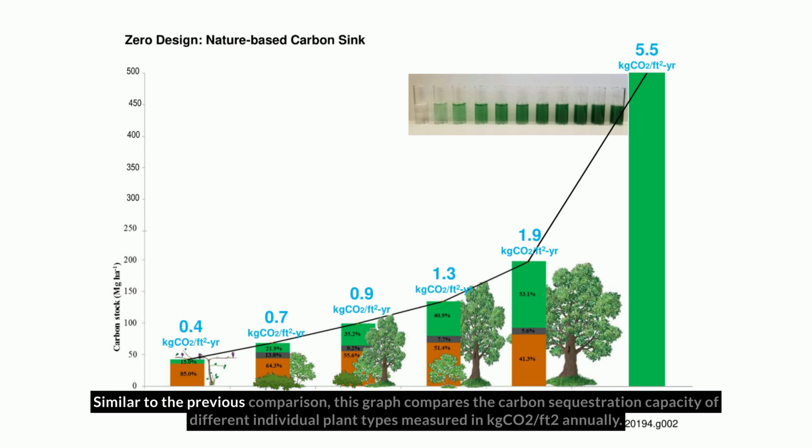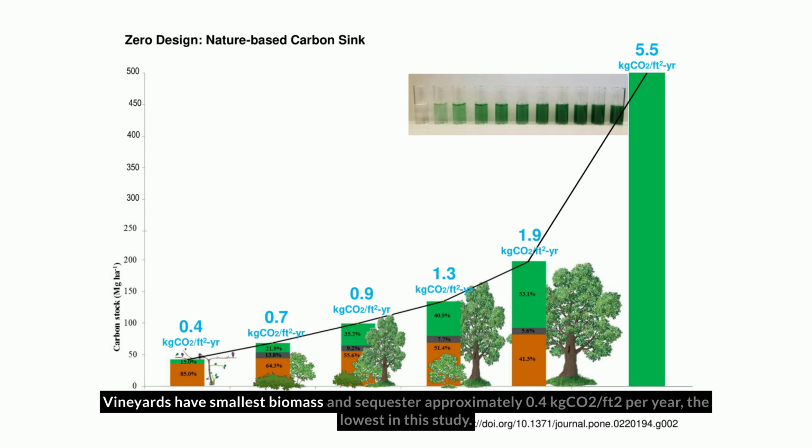Similar to the previous comparison, this graph compares the carbon sequestration capacity of different individual plant types, measured in kilograms of CO2 per square foot annually. Vineyards have the smallest biomass and sequester approximately 0.4 kg of CO2 per square foot per year, the lowest in this study.